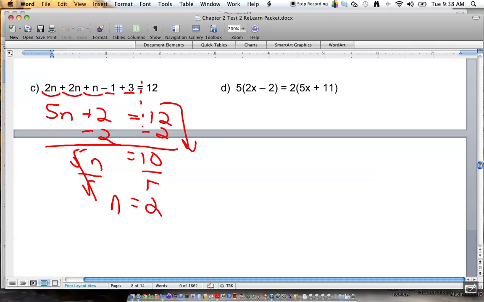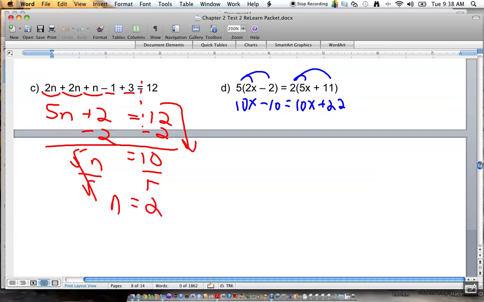Then we go to the next one. Back to the beginning of the equation, I notice that there are numbers outside parentheses. As soon as I see that, I'm thinking distribute. 5 times 2x is 10x. 5 times -2 is -10. 2 times 5x is 10x. 2 times 11 is 22.